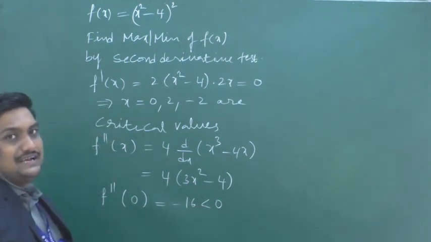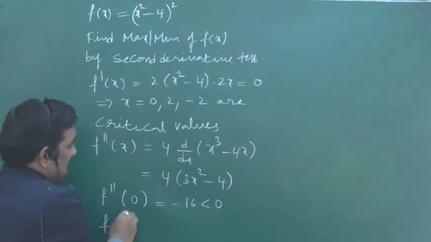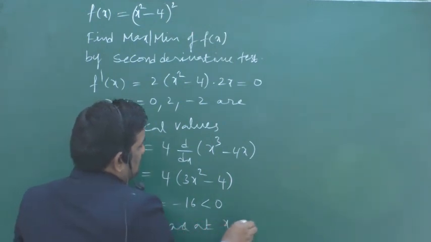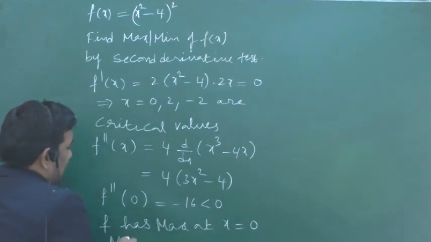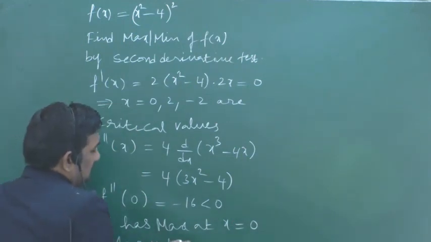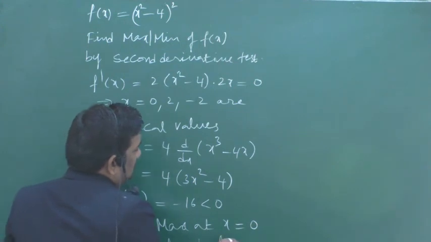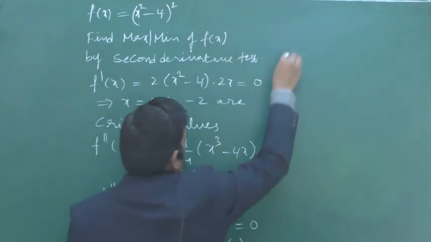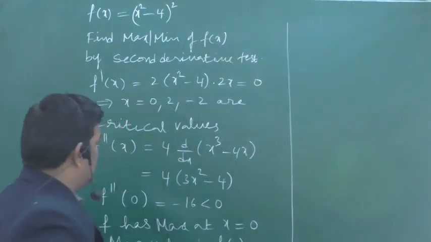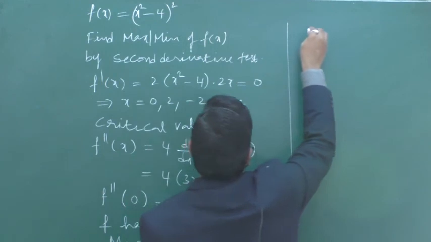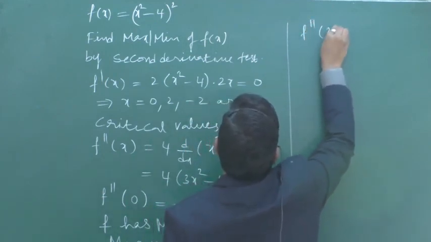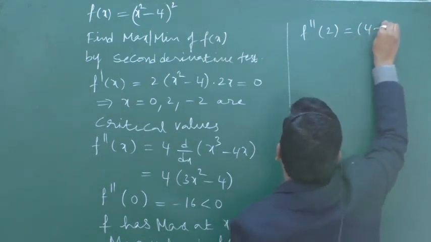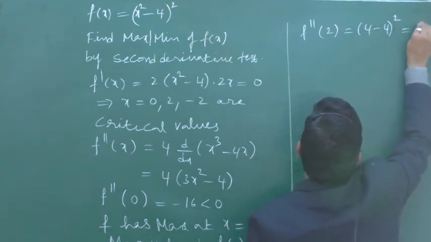Since the second derivative is negative, you can say that the function has a maximum at x equals 0 and the maximum value is f of 0, and it equals 16. Now f double dash at x equals 2. At x equals 2, it is 4 into (4 minus 4), 0 whole square, it is 0.